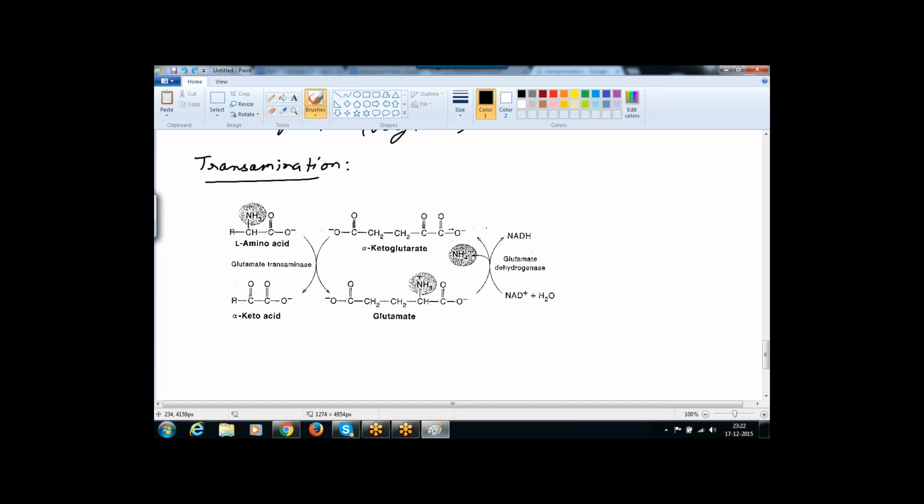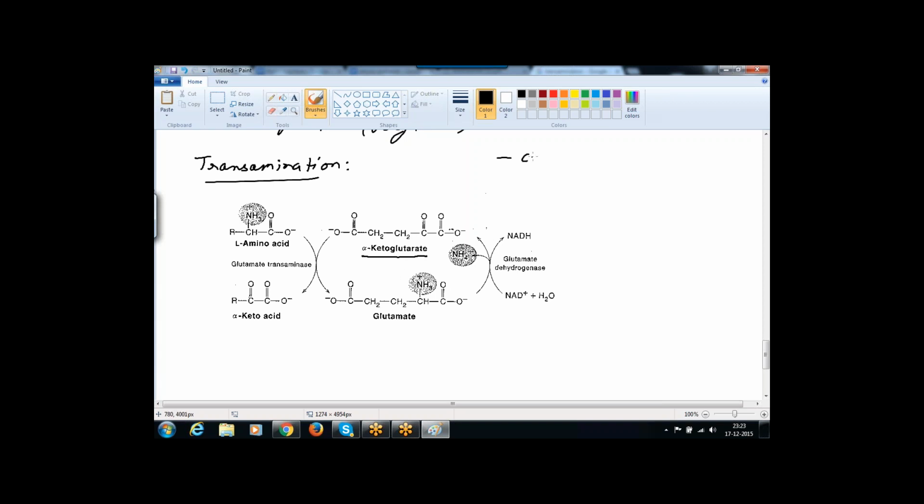It can only transfer it to something else. Something else which helps in this transfer is alpha ketoglutarate. Remember, alpha ketoglutarate was one intermediate of the Krebs cycle. So every cell which has mitochondria has the Krebs cycle running in it, so it will have alpha ketoglutarate. This alpha ketoglutarate is a keto acid. What do I mean by keto acid?